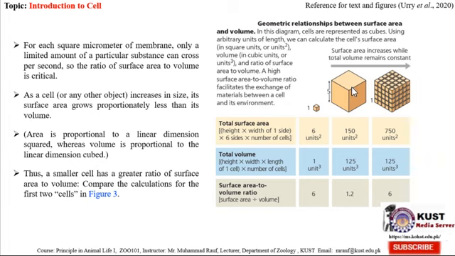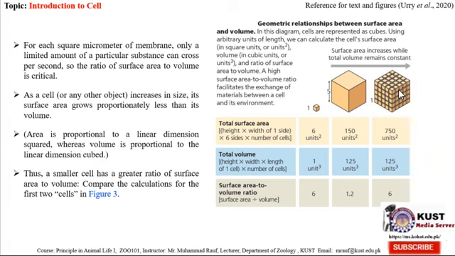Now calculating the total surface area for the large single cell, each side is 5 in length, width and breadth. So height is 5 and width is 5. 5 into 5 gives us 25, and then we multiply 25 with 6, which gives us 150, and because there is only one cell, 150 into 1 is equal to 150.